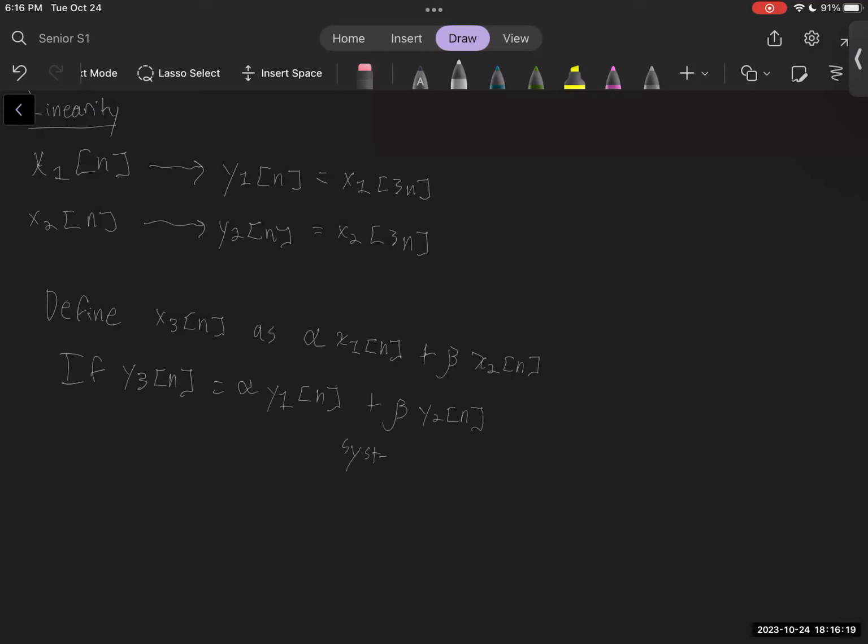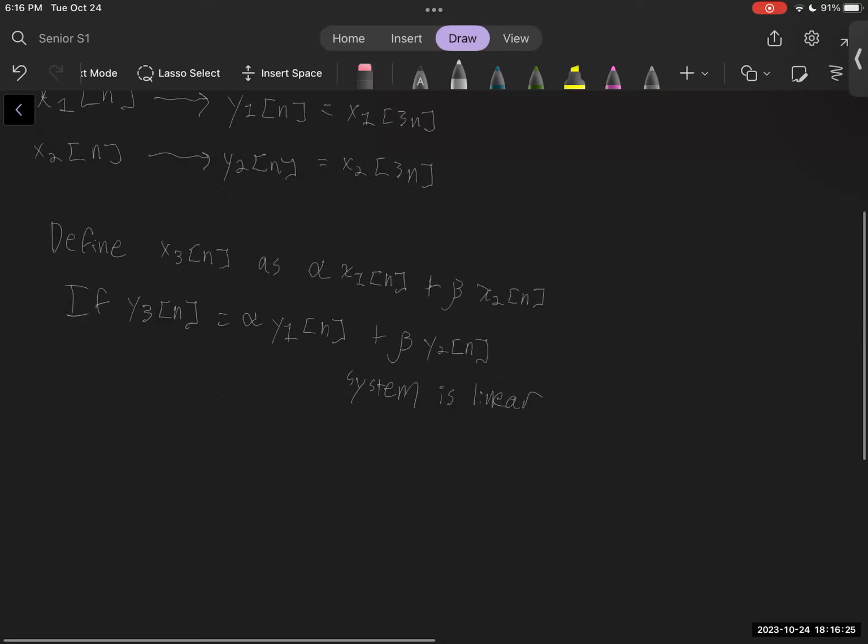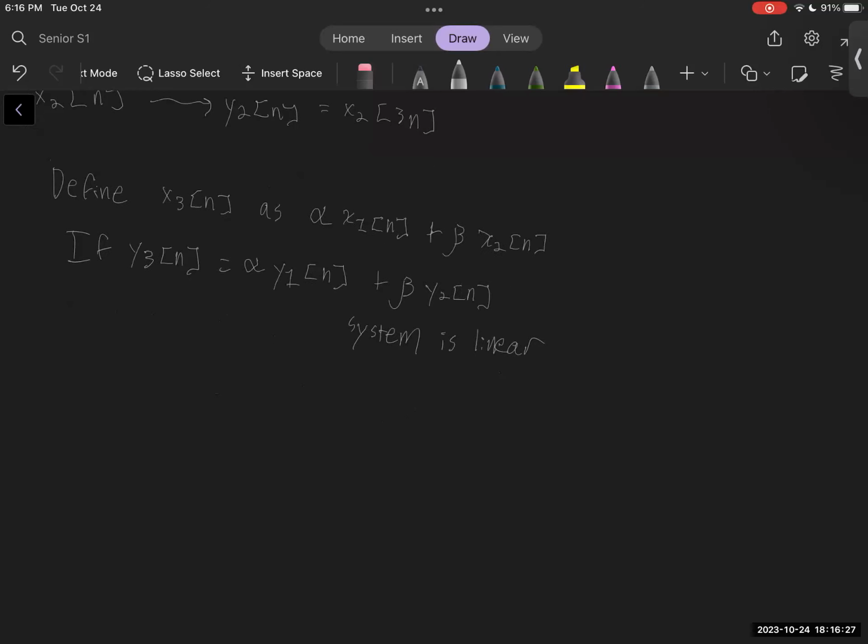the system is linear. So we can test that. We plug in x3 of n, and we're going to get y3 of n. And that's going to be equal to x3 of 3n.